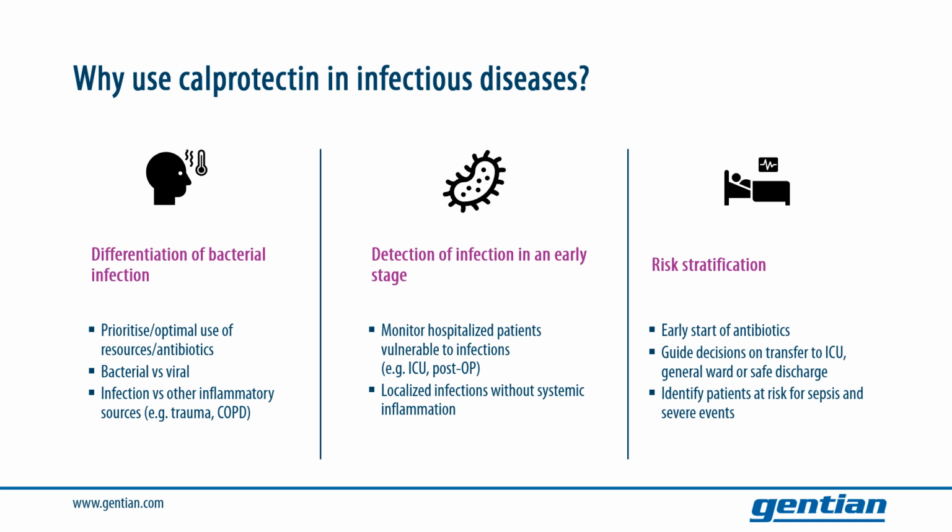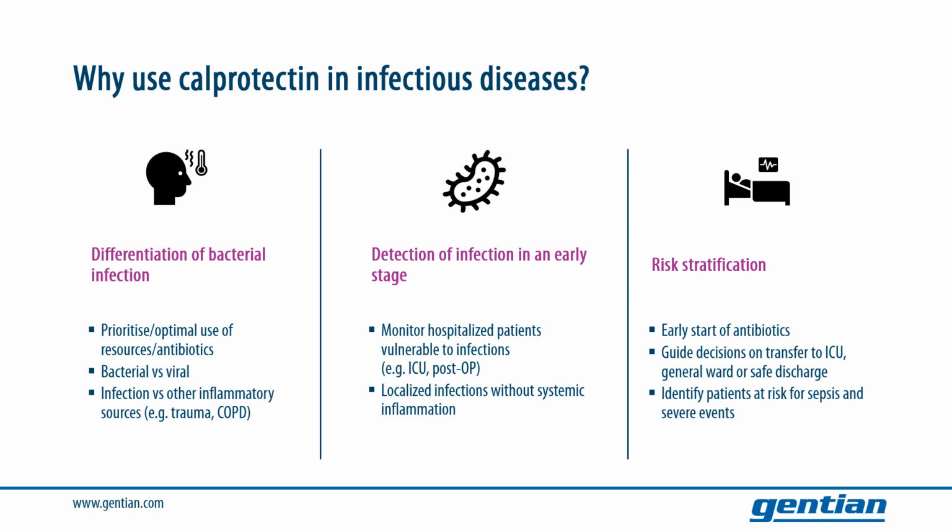The second advantage lies in the timely detection of infections, which is crucial for effective patient management. Hospitalized patients, like in the ICU or post-operative recovery, are at higher risk of developing infections. Regular surveillance and prompt intervention can improve patient outcomes and reduce the burden of severe infections.